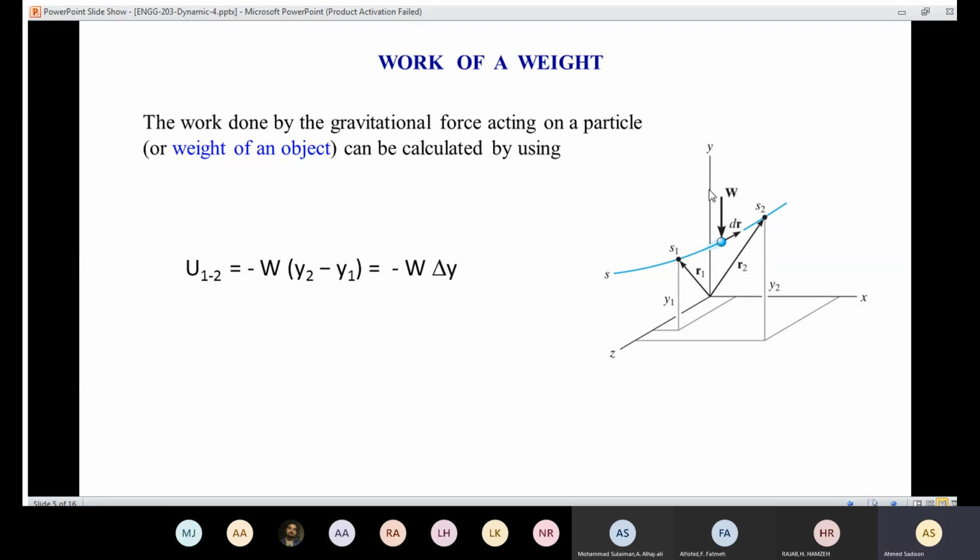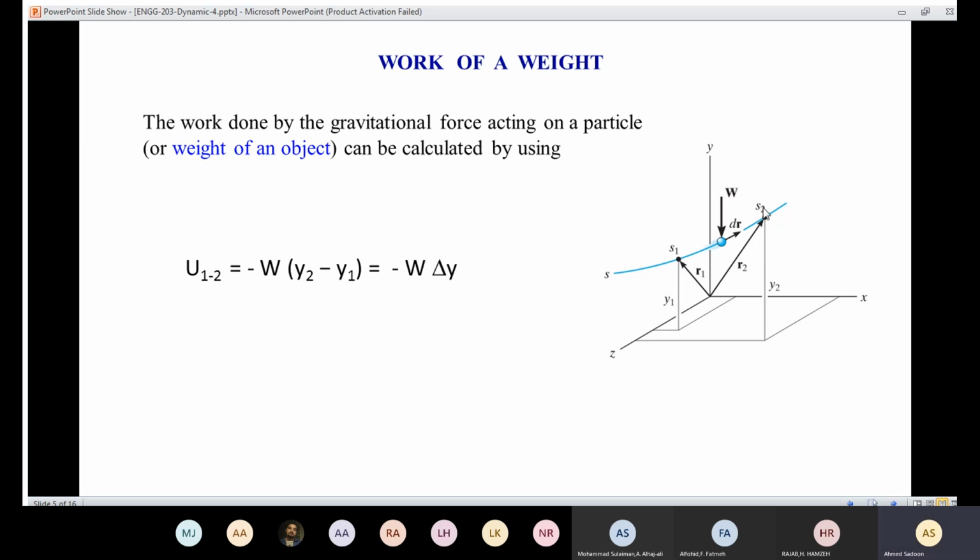So the weight is acting down, and also we have displacement in y. So in this case, also we are going to have a work done by the weight. So we are going to say that the work done from position 1 to position 2 is going to be minus W, because the weight is going to act down, times y2 minus y1.